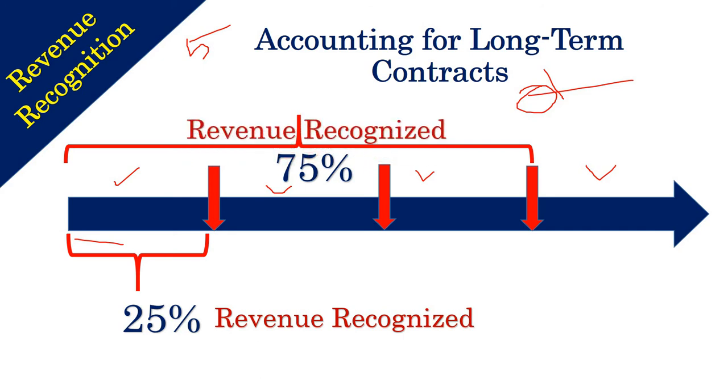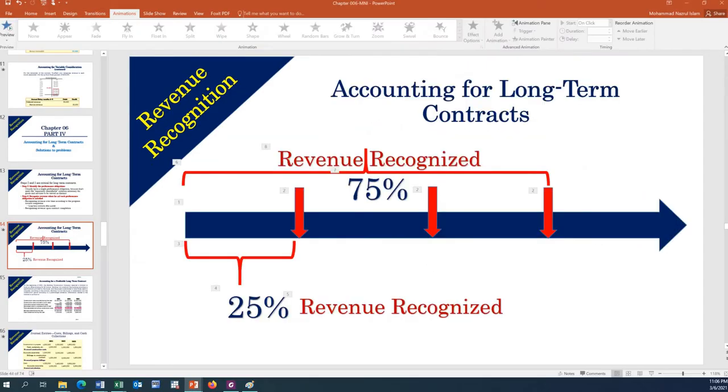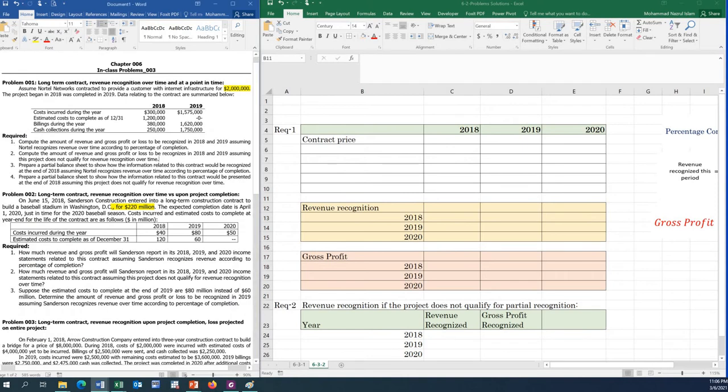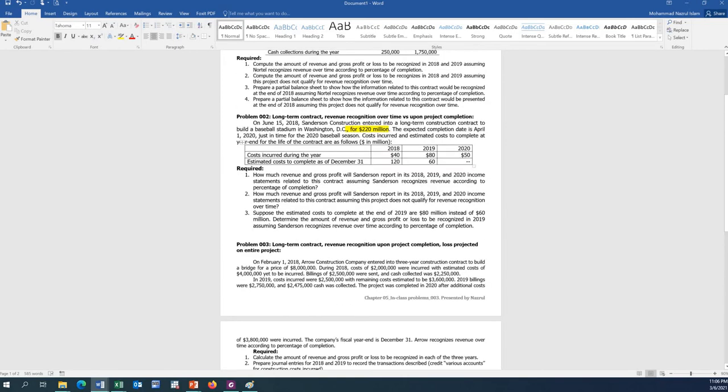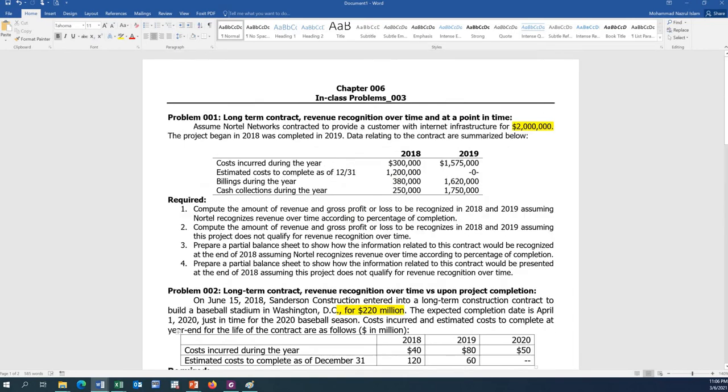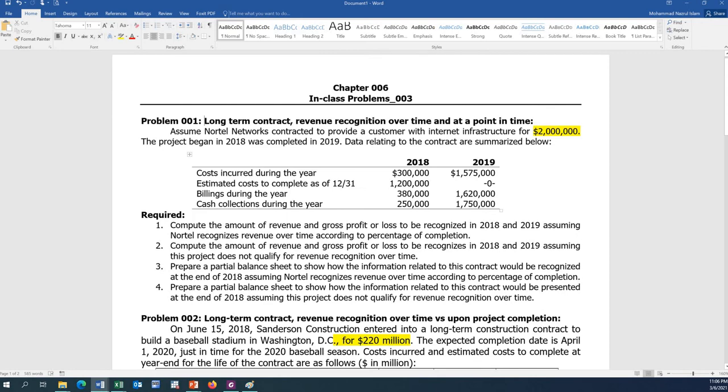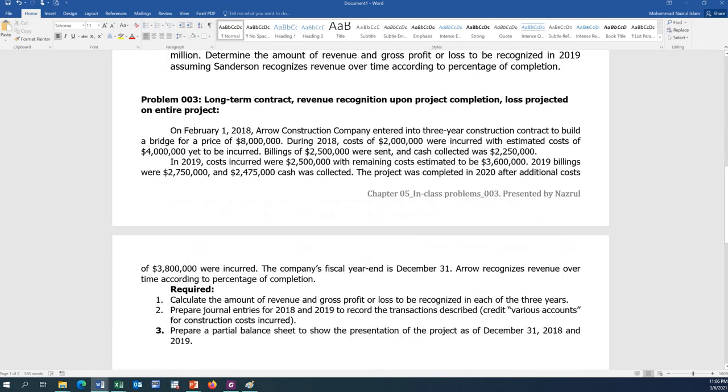So now let's solve two problems, as it will be better to understand by examples. This is problem set 3. We have 3 problems over here, problem numbers 1, 2 and 3.